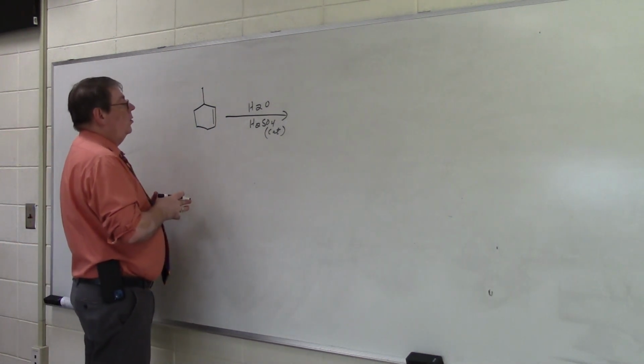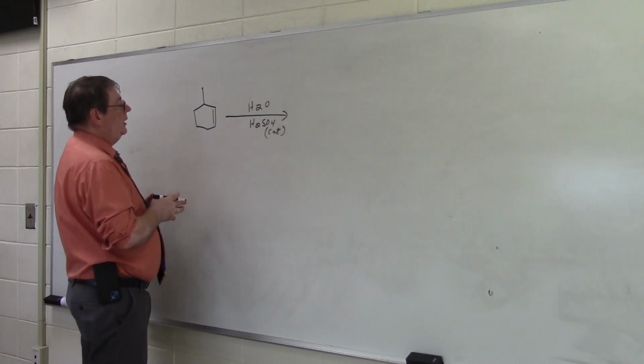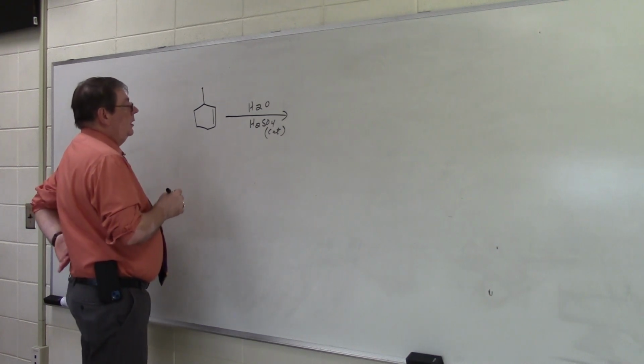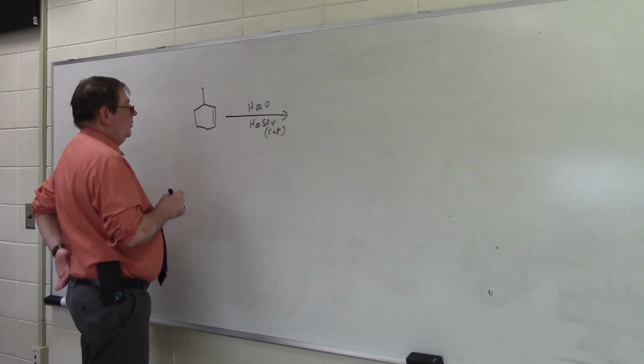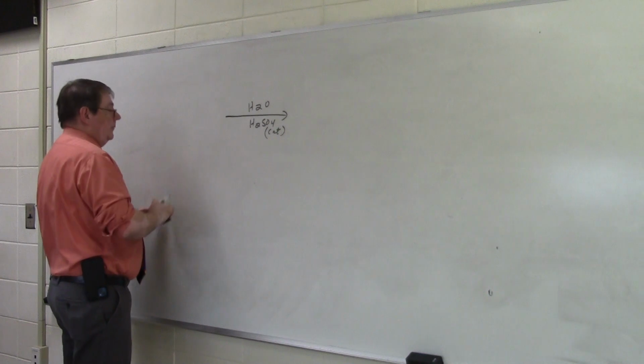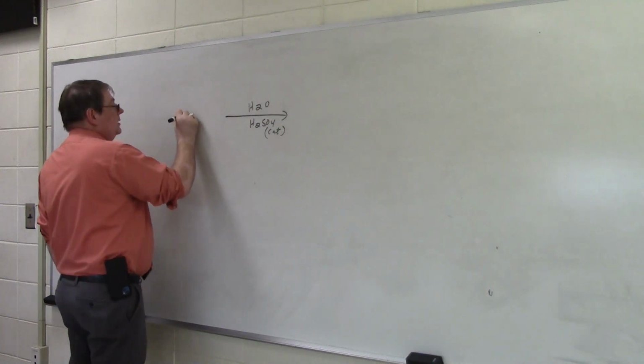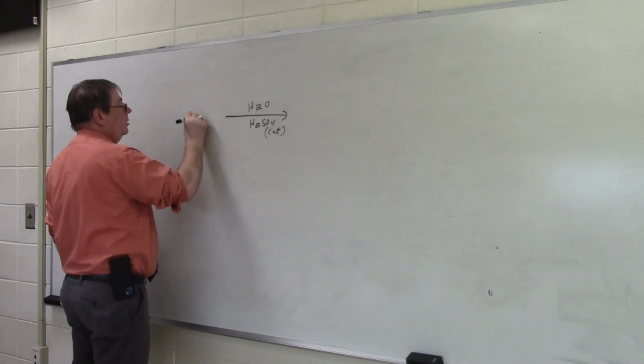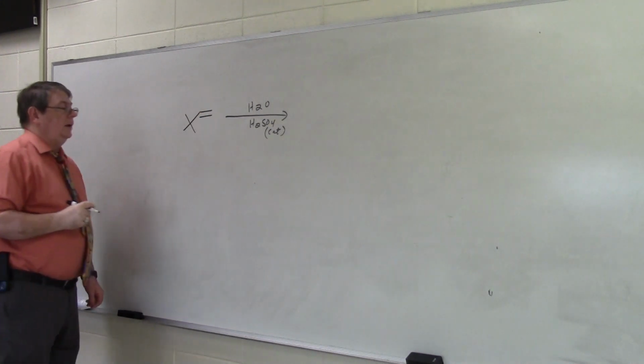And so I've got to be very careful here about carbocation rearrangements. Actually, this is a bad example. Let me erase this. Let's do it differently. This is a better example. Okay.